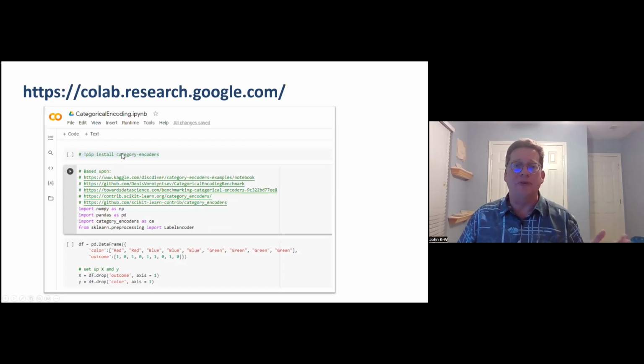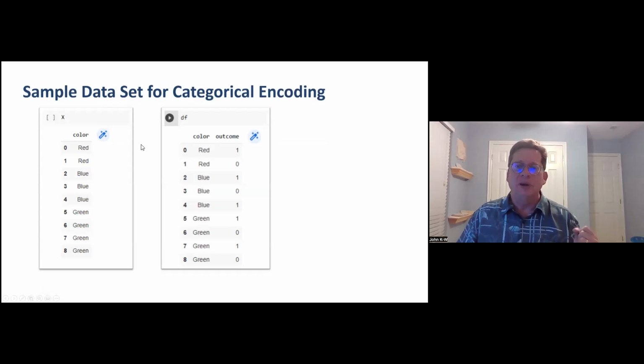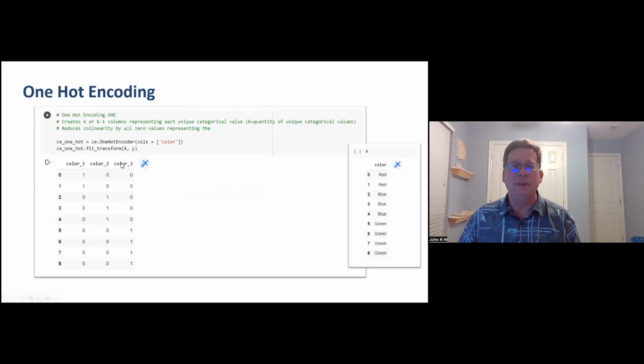It's available for free. I think that they might also have some R coding examples. And in this instance, we use that data set I just looked at with 9 records of red, blue, and green. And we do the one hot encoding.